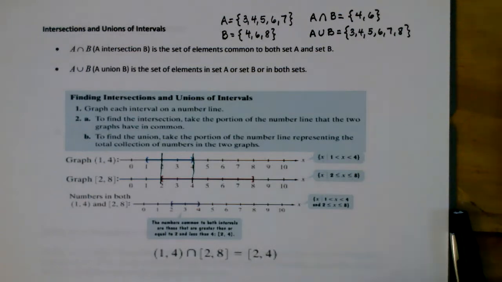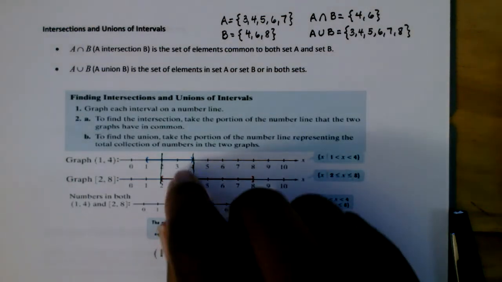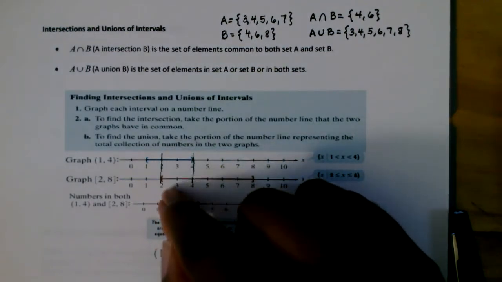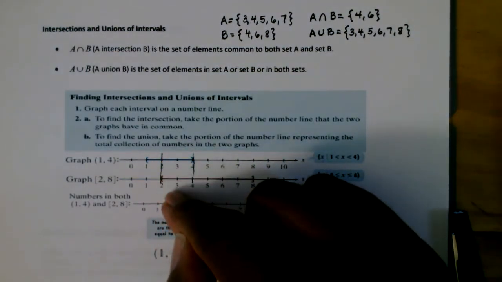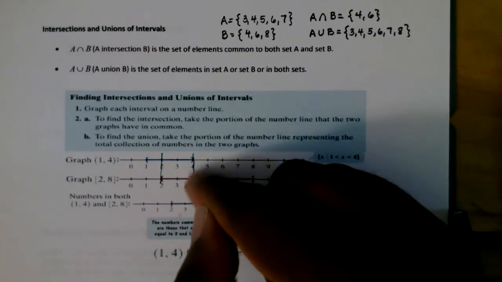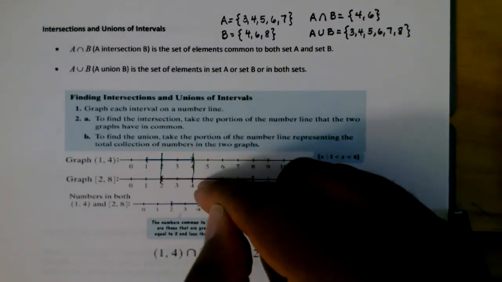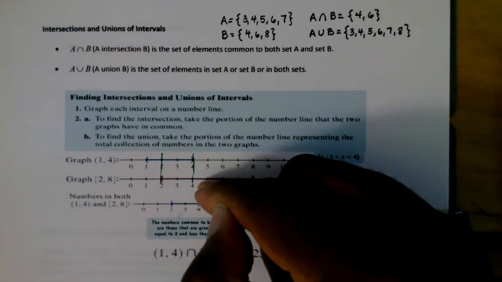Now the question is, are we going to use the bracket or parentheses? Here's a hint. If that endpoint is included in both of the intervals, then you use the bracket. If the endpoint is included in only one of them, you need to use parentheses.